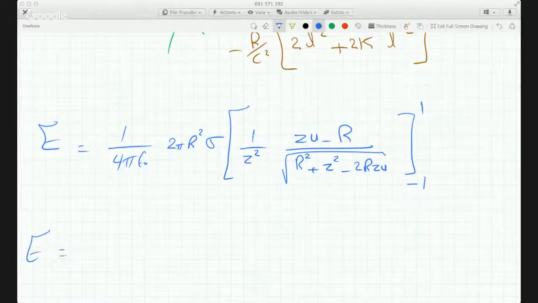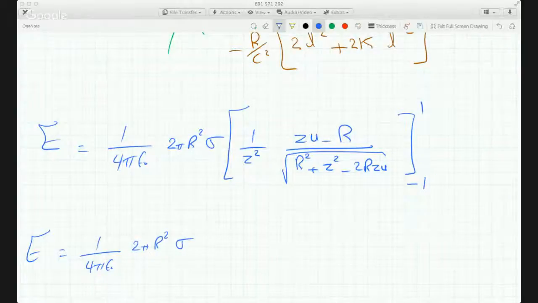So when you do that, you will get 1 over 4 pi epsilon, right? 2 pi r squared sigma. 1 over z squared can come out, has nothing to do with this.